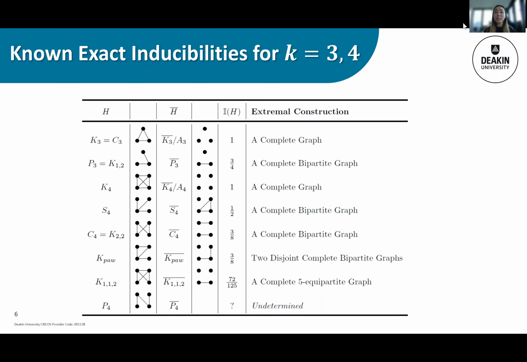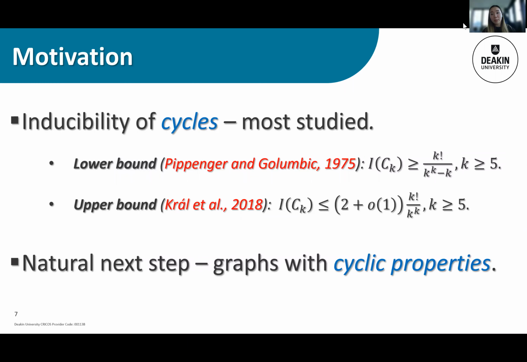So this brings us to the motivation of the study. The inducibility of cycles is one of the more well-studied problems in this area. The lower bound for this family of graphs was first given by Pippenger and Golumbic as well, and you'll notice that this lower bound is the same for all k-vertex graphs.